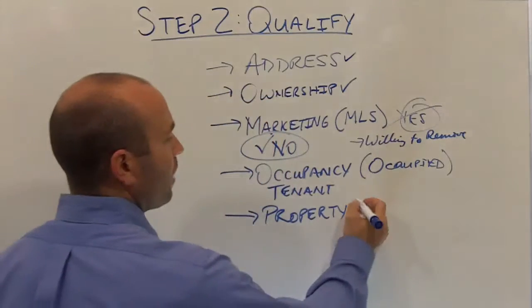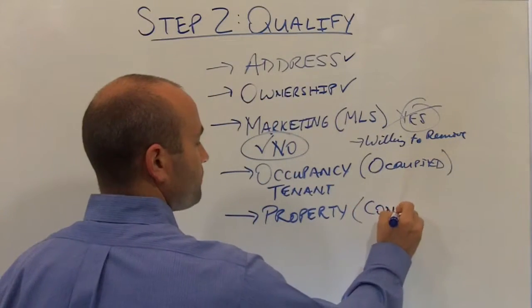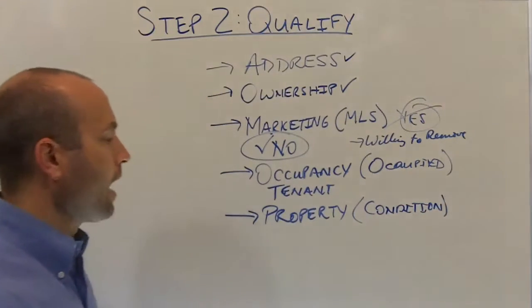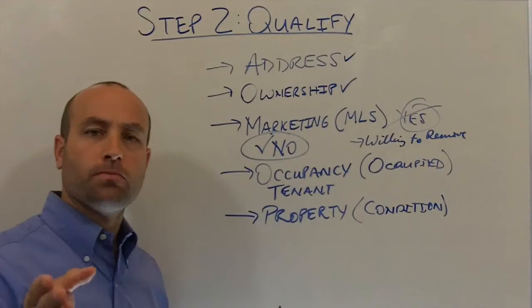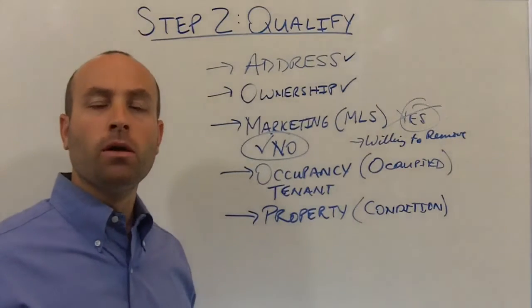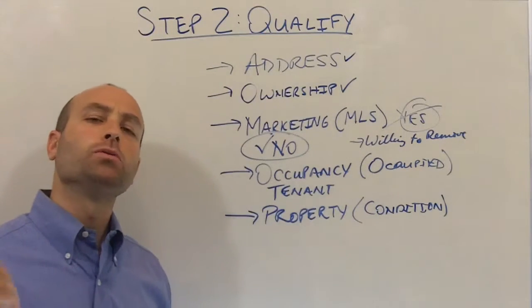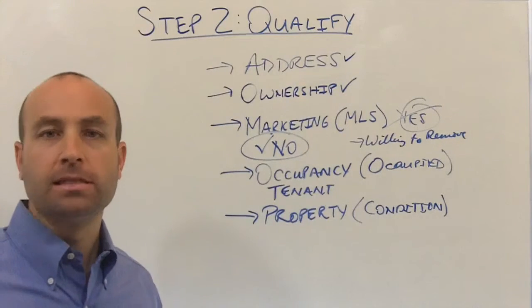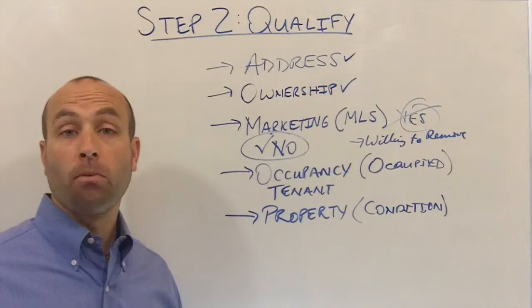One thing that's helpful to know is just the condition. What needs to be done to the property. And what I'm going to do is below this video, I'll have a separate video that talks about how to evaluate what needs to be done. I'll walk you through a house so you can see what needs to be done to the property.